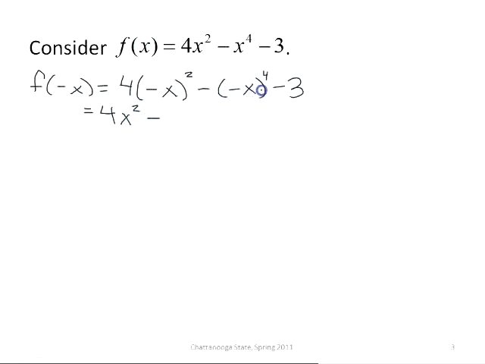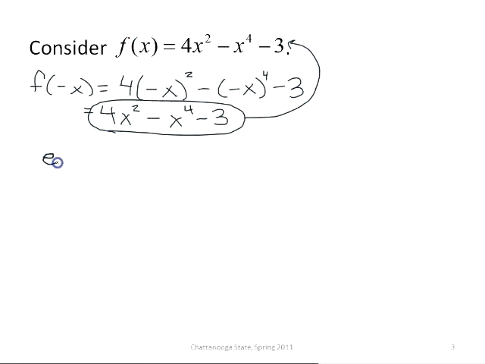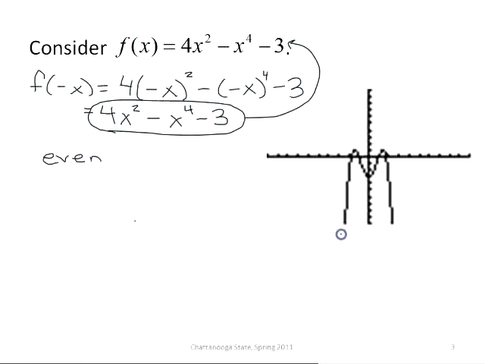Minus, when you raise a negative x to the 4th power, anytime you raise a negative to an even power, it's going to end up positive. So, we do end up with an equivalent function to the function we started with.